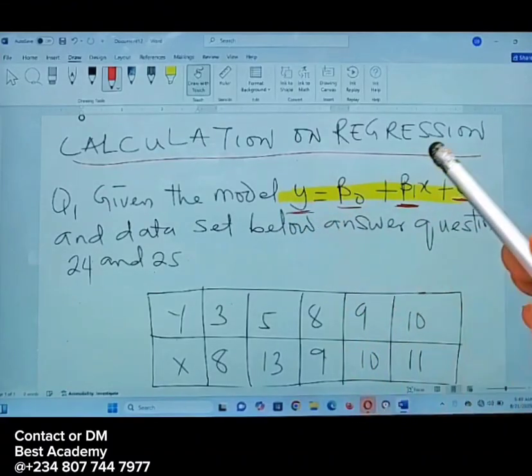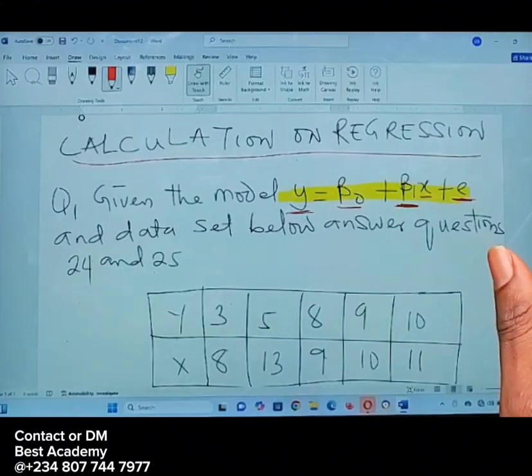While this one is what? Dependent variable or response variable. Y is the dependent variable, please try to know their variables.